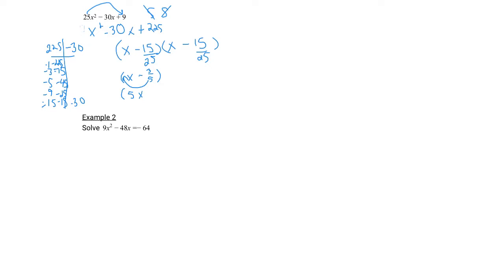And I've got 5x minus 3. Well, it just so happens that the other parentheses is going to be the exact same thing, 5x minus 3. So I can rewrite that as 5x minus 3 squared because it's the same thing twice.